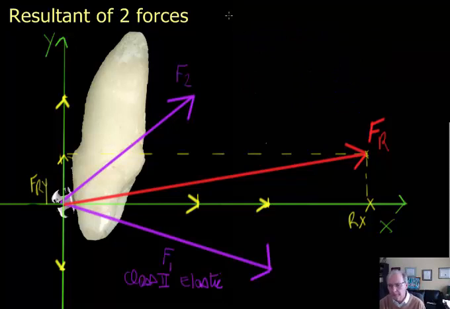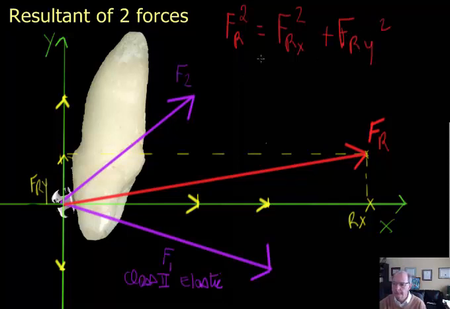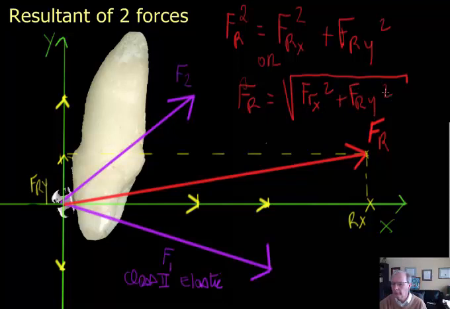Using simple trigonometry, we can now know that FR square equals FRX square plus FRY square, or FR equals square root of FRX square plus FRY square.